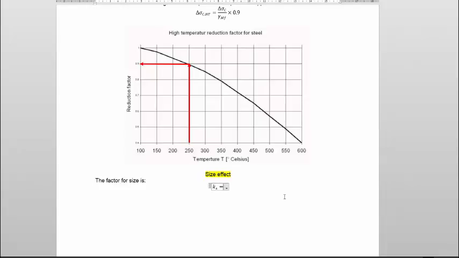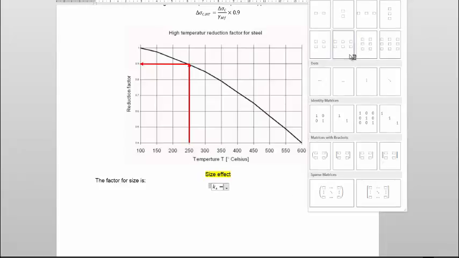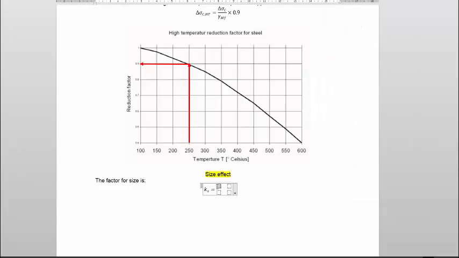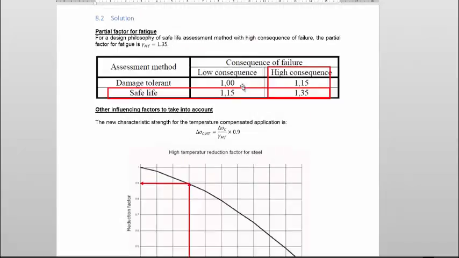K size is equal to, of course, we've got two answers, so I'm going to give it in matrix form, and the one is 1, and that is, of course, for T smaller or equal to 25 millimeter. Then for T larger than 25 millimeter, according to the equation above, it's equal to 25 divided by T, the thickness, to the power 0.2. So that's what they say the value is. So I can add a little bracket here to the left to just make it look fine. So that is the size effect that we need to model.